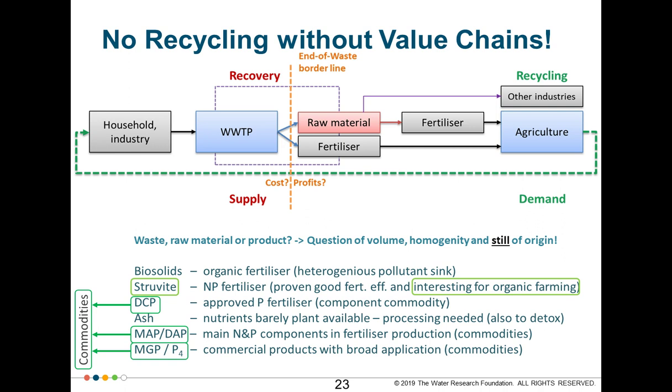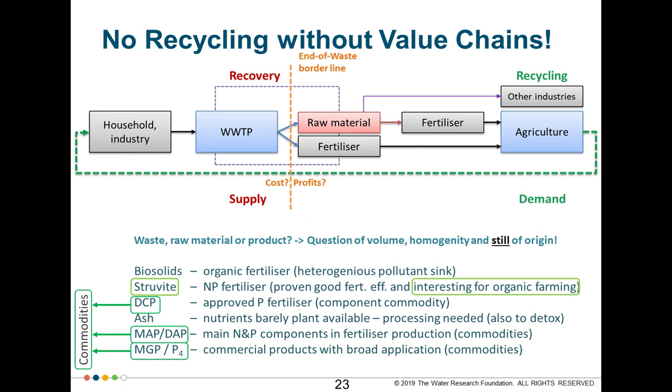Now turning to the value chain approach, of course recovery is one thing, but if you want to recycle, then of course you have to bring the nutrients back into the nutrient cycle, or let's say industrial cycles. And so far we still have some challenges.